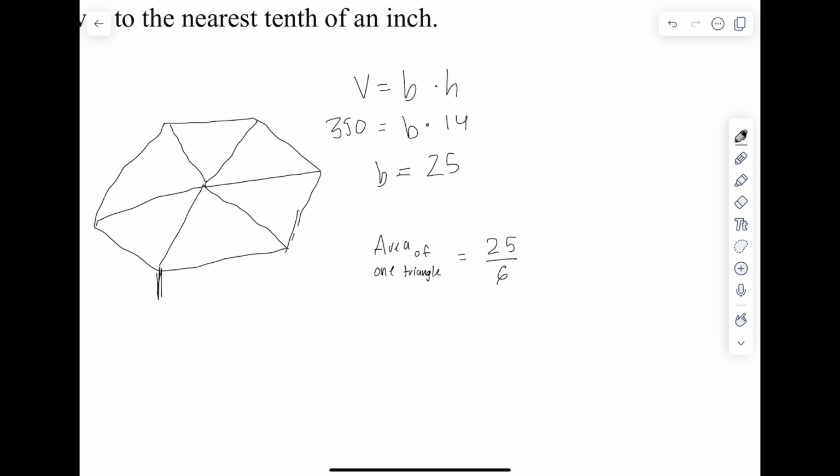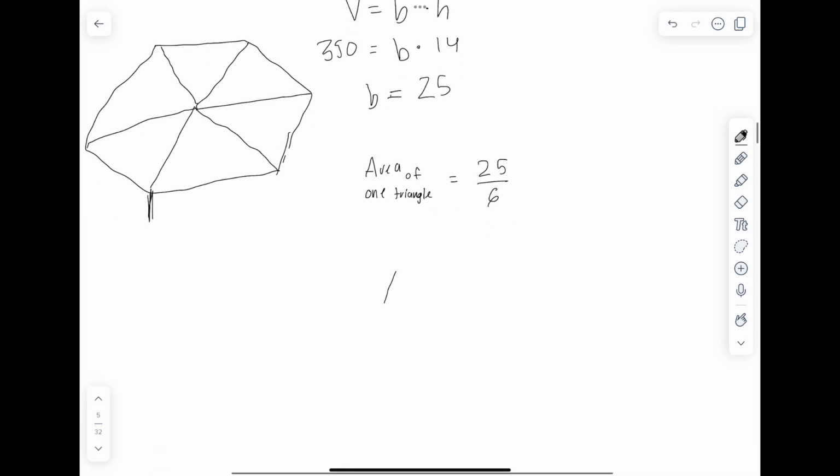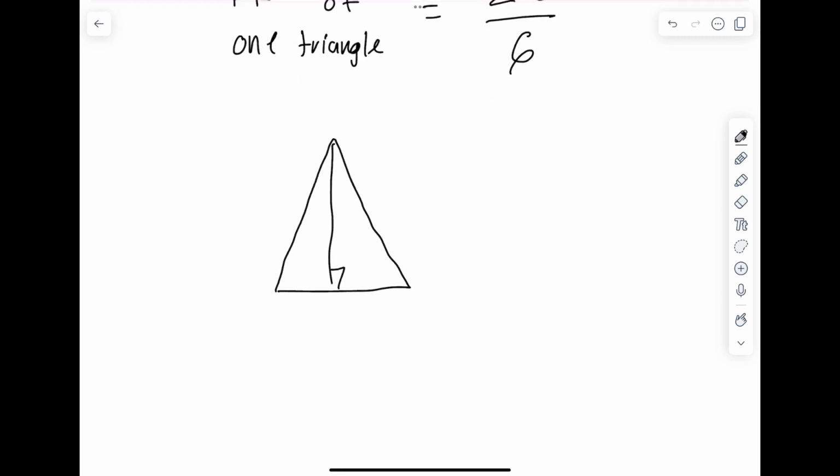And since we want the perimeter, we can use the area of each triangle to find the side length of each triangle, or the side length of the hexagonal prism.